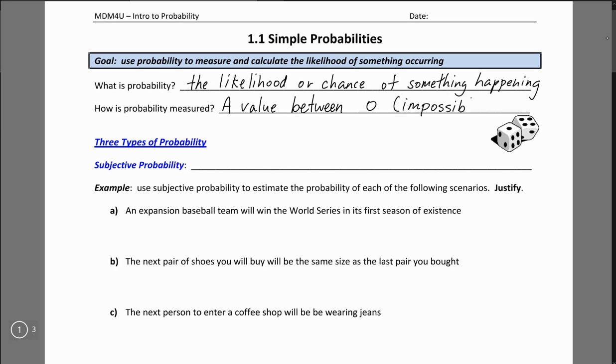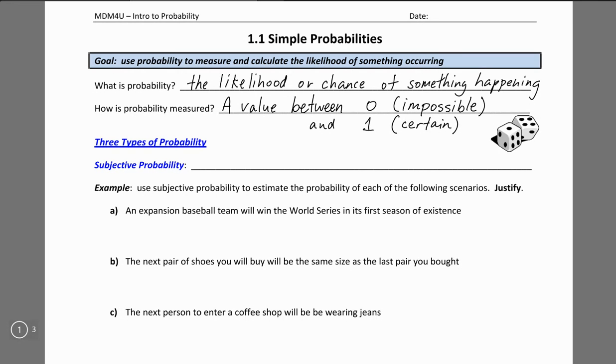It's impossible. And 1. If you say the probability is 1, that means it is certain to happen. You have a 100% chance that you're going to eat tomorrow. That's a probability we can say is measured by saying 1. There's a 100% chance.